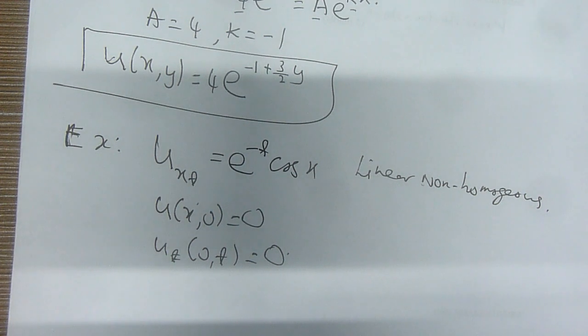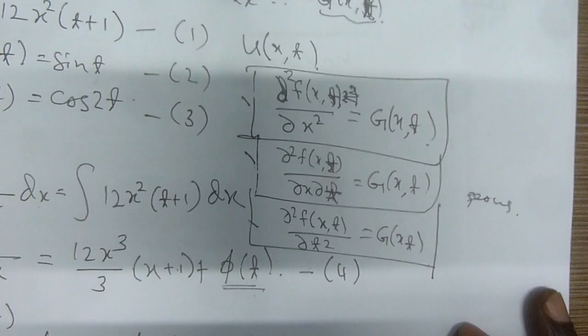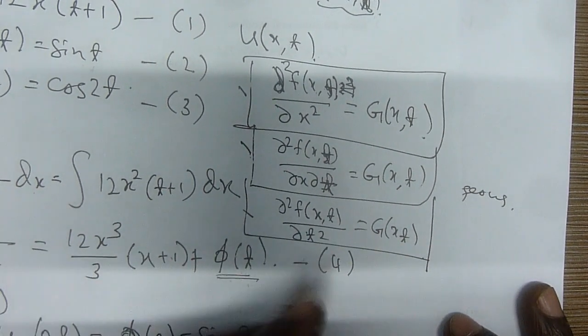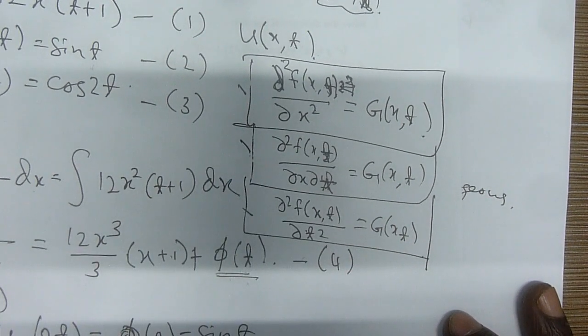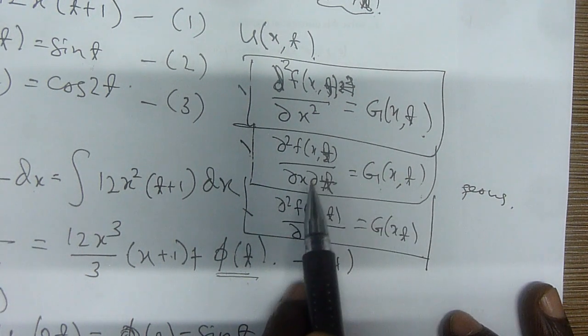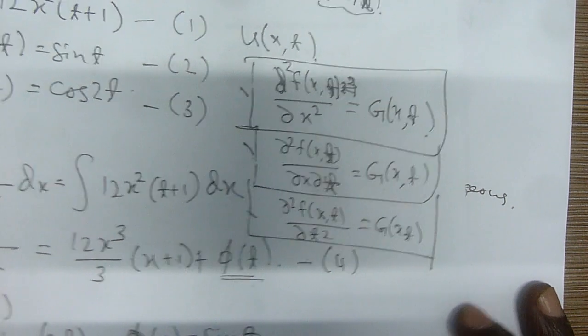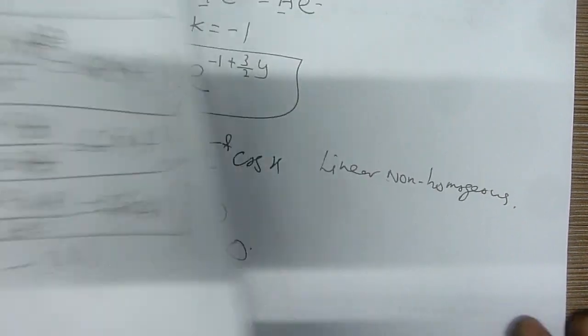This is the direct method. You can see the combination of f(x,t) and g(x,t), direct method. I want this to be struck in your mind.